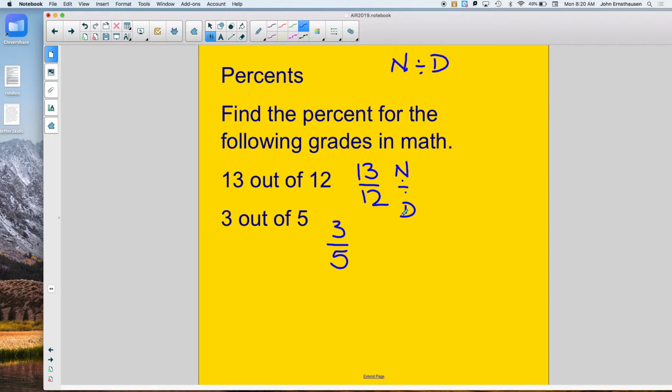If you type this in the calculator, that gets 1.0833333. This is 108%. If you do 3 divided by 5, you get 0.6. Percent is not out of tenths or out of 10, it's out of 100. So this would be a 60%. Good thing we reviewed that one. Okay?